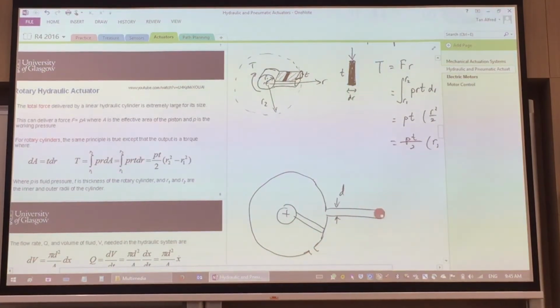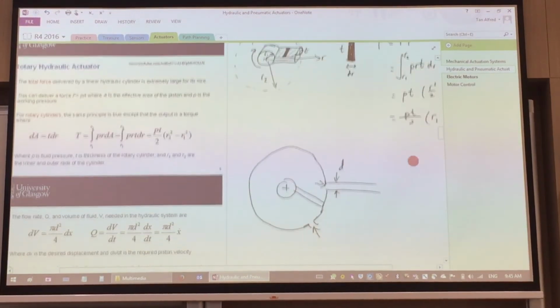So there's an inlet and then it can be an outlet or inlet. Let's take this as one inlet, and this one as one outlet.